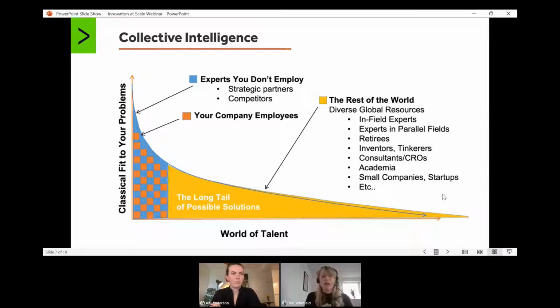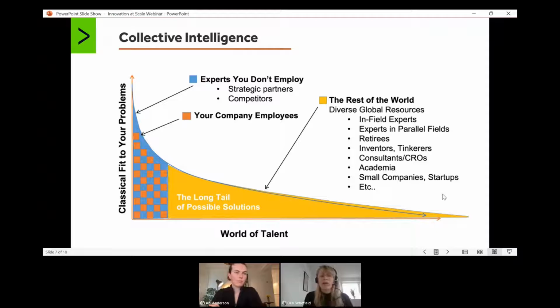So this is anyone from people working in academia, consultants, companies, retirees, in fact that whole global world of talent who's available to help address these problems, capture those insights, find those opportunities, and do that in a way that's happening all under one roof.